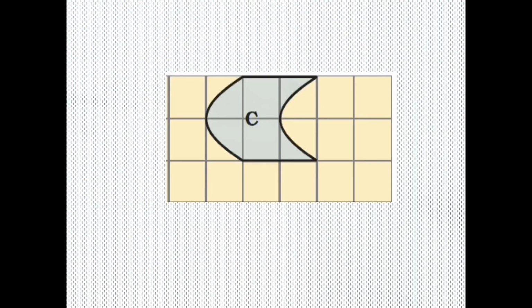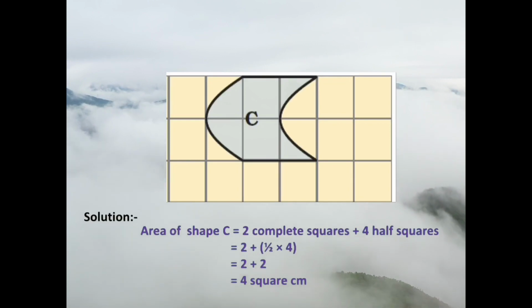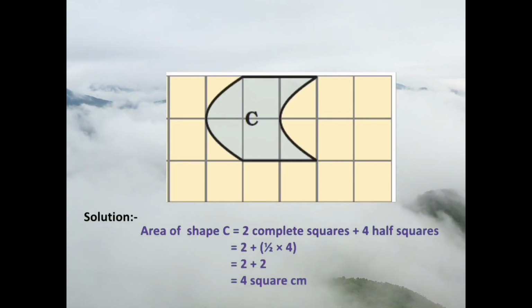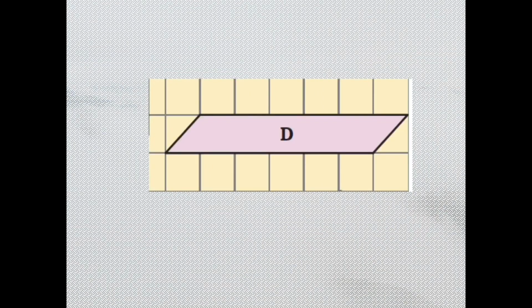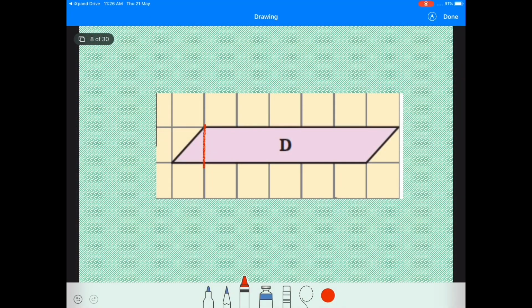Now the area of shape C: here 2 complete squares and 4 half squares. So 2 plus half into 4 is equal to 2 plus 2 is equal to 4 square centimeter. Area of shape D: join the lines.